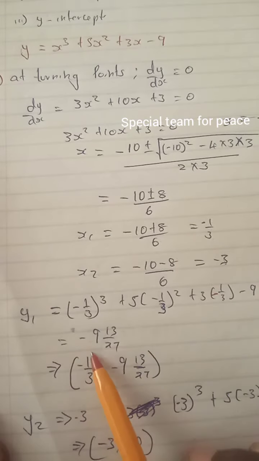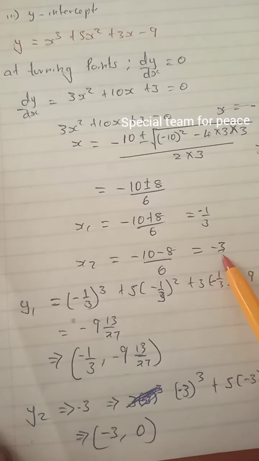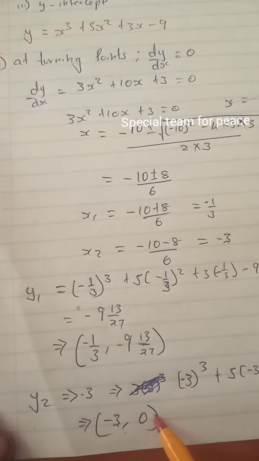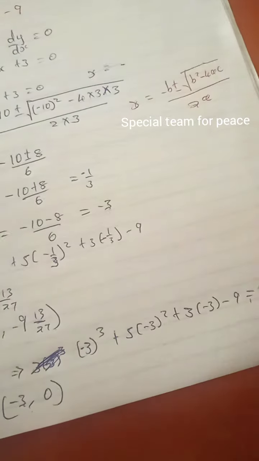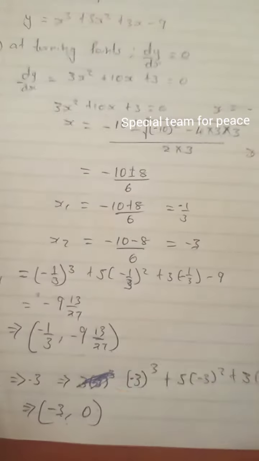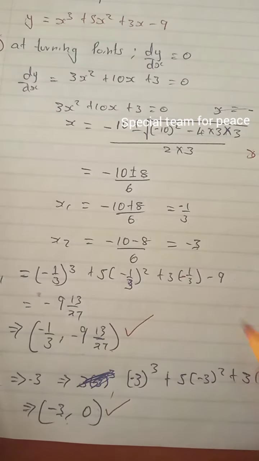That point becomes negative a third, negative 9, 13 over 27. Then for y2 again, you substitute the value of x2 in the original function, which will leave you with negative 3, 0 as that point, because the value of y will be 0. So therefore, from the turning points, we now have this one point which will be plotted, and also another point here that will be plotted.